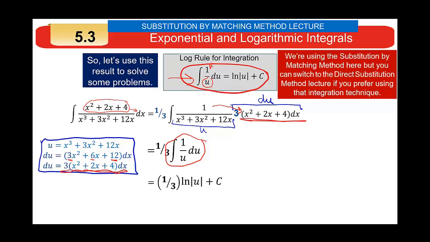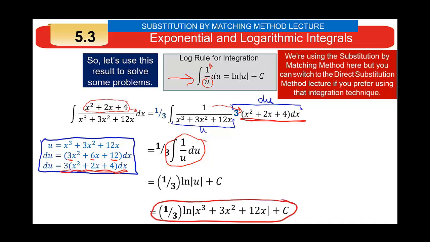And the final step, as always, is to take the u out and put in what u was equal to, which in this case is x cubed plus 3x squared plus 12x. And there's your solution. What looks so messy turned out not so bad. Step by step by step.